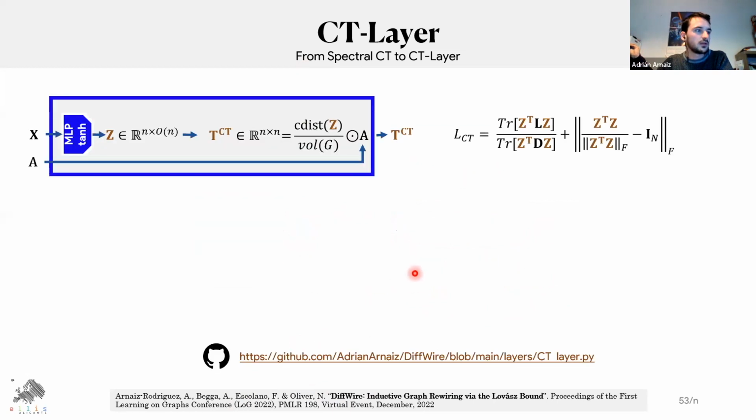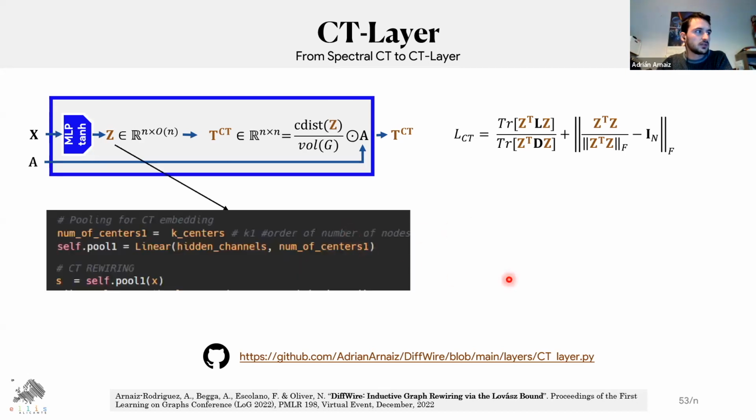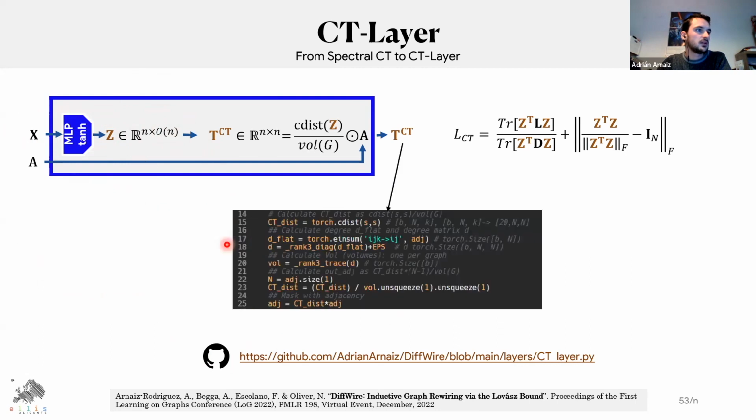So we can go step by step, watching the code. Now, after I explain the CT-Layer, we will go to Colab and run a couple of things so you can see especially how it works. But first, we can see that it's simple. For defining this commute times embedding, the only thing you define is a linear function where the number of centers is O(n), and you have this, which is the commute times embedding.